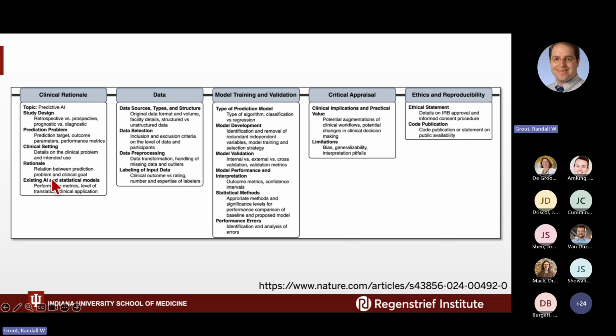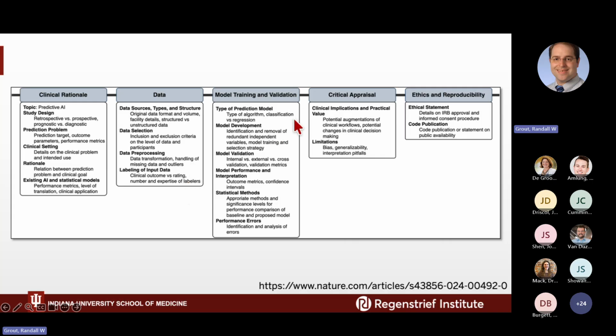The rationale between the prediction problem and the clinical goal, and the existing performance metrics and background literature. Under the data, you would want to include your data format, the volume, the details about it. Was it structured, unstructured? What were the inclusion, exclusion criteria? A big one in AI research would be how you transformed the data, how you handled missing data or outliers, how things were labeled.